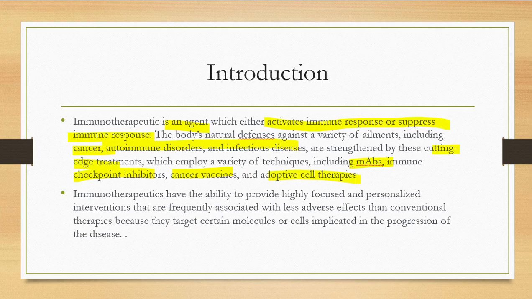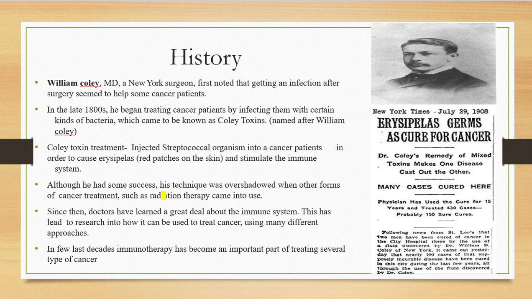They work by enhancing the body's natural defense mechanism and provide more targeted treatment with fewer side effects as compared to conventional therapies. As compared to conventional therapies, these immunotherapeutics have high application in the treatment of particular diseases.